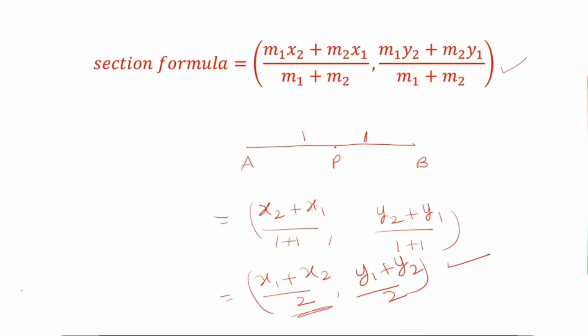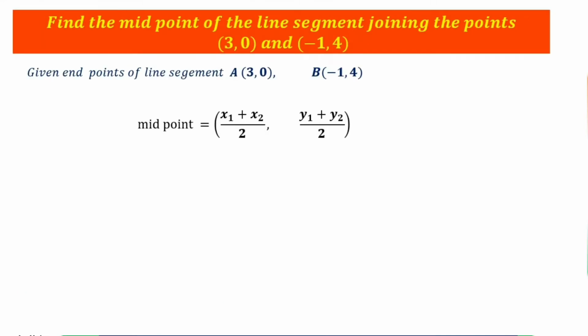Next, observe the 11th question. Find the midpoint of the line segment joining the points (3, 0) and (-1, 4). Let A and B be the endpoints of the line segment AB. Let P be the midpoint of AB. Midpoint equals (x1 plus x2) by 2, (y1 plus y2) by 2.